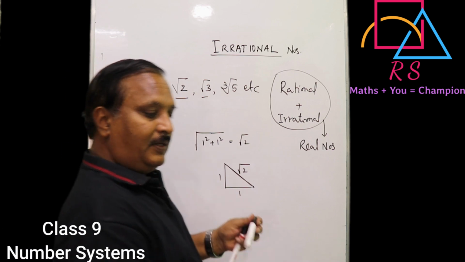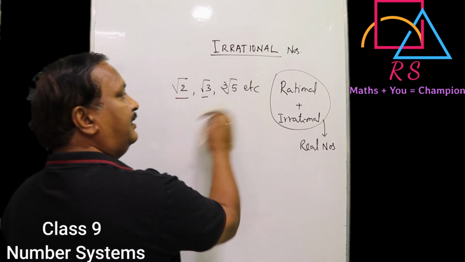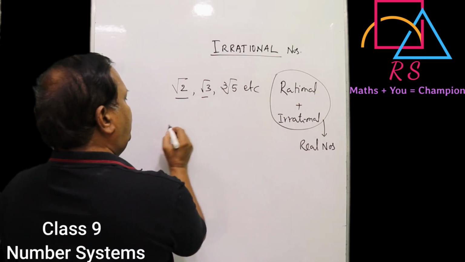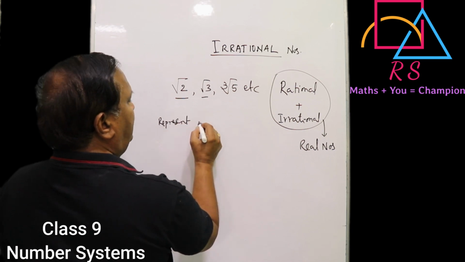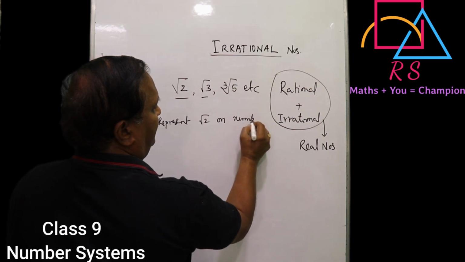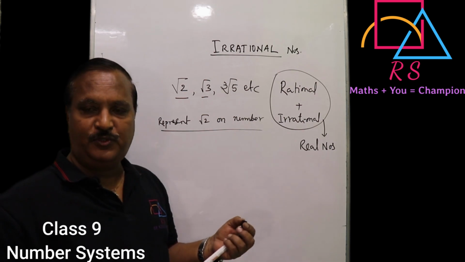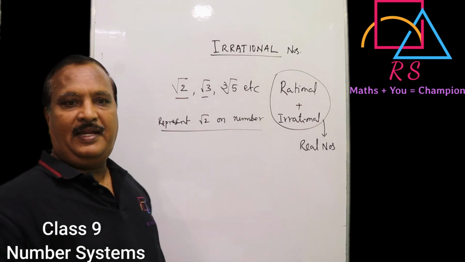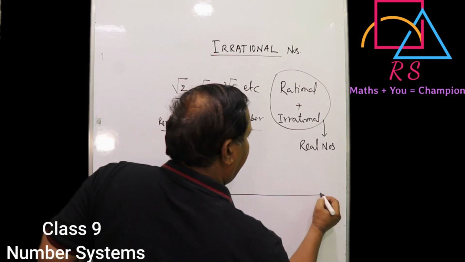Okay, so let us understand very deeply the irrational numbers. How to represent root 2 on the number line? This is your first target, because once you know the number, you should be able to locate this number on the number line, right? So draw a number line.